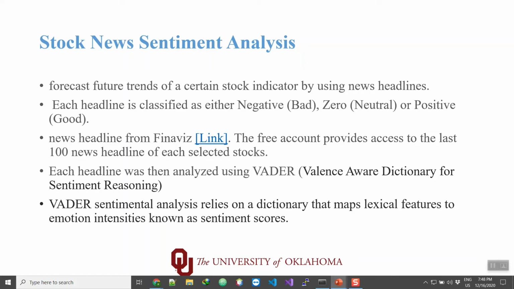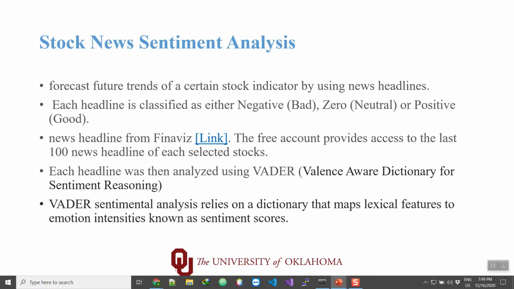We use that. We analyze these headlines using VADER, which is the Valence Aware Dictionary for sEntiment Reasoning, and it relies on a dictionary of words where these words are trained and mapped with each score.